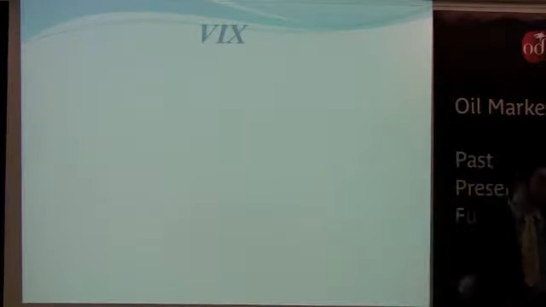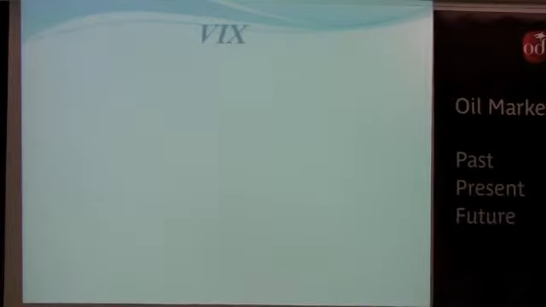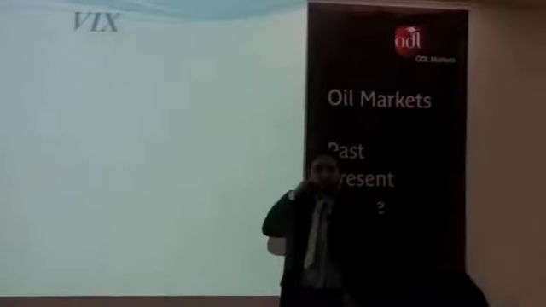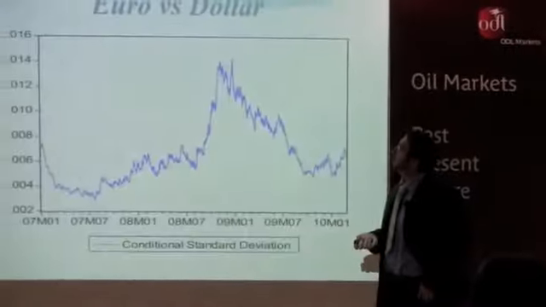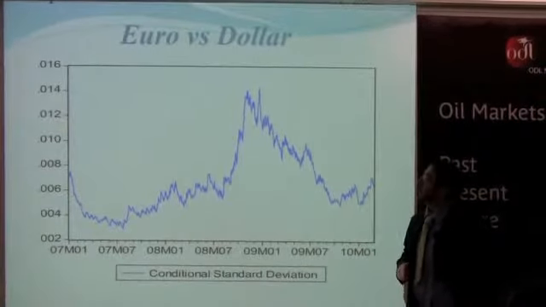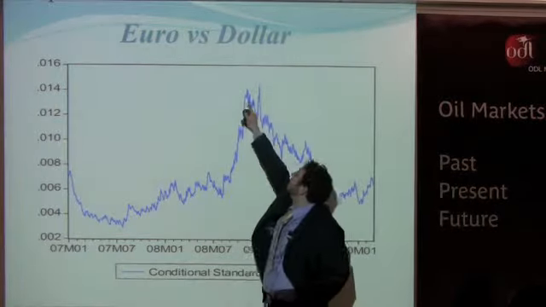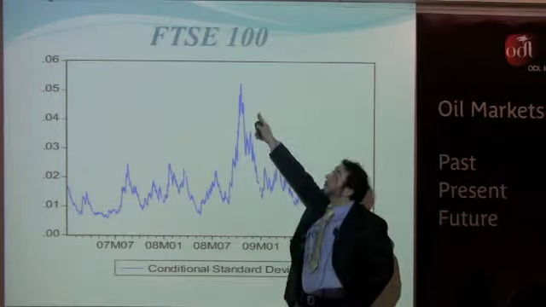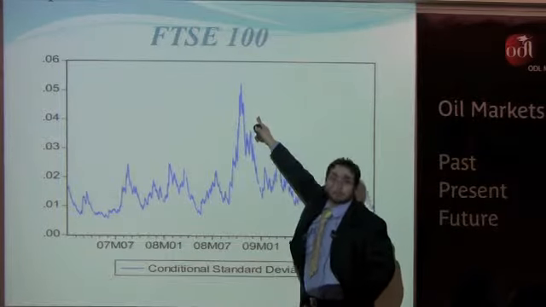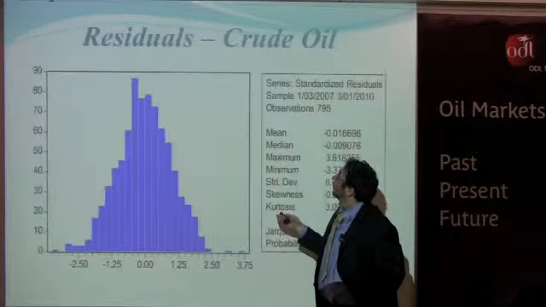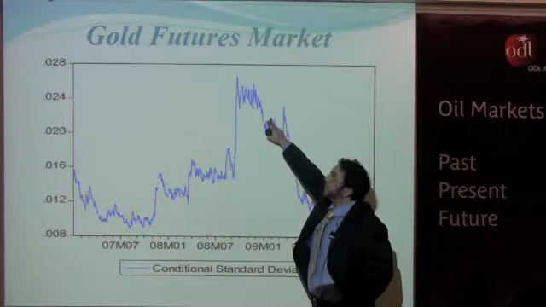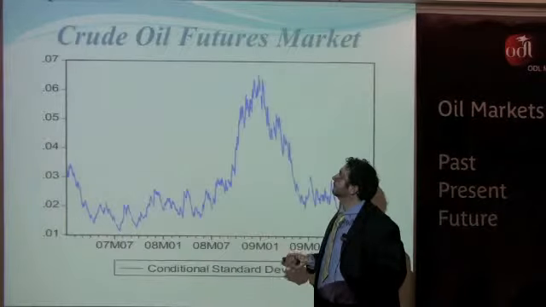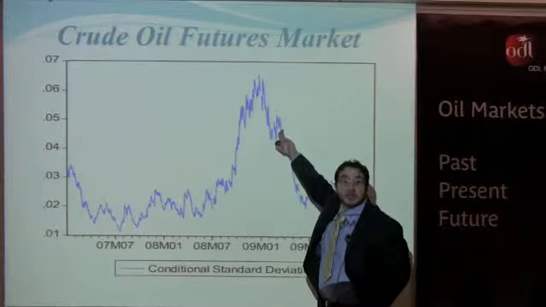This is a lovely chart that I don't know why it's not going to come up. It was the VIX, and I wanted to show you the difference between the value that I've got using stochastic volatility. Here is about 1.5%. You see here the peak. Here's about 5.5% for the FTSE 100. Sorry, about 2.5% to 6%. About 6.5%.